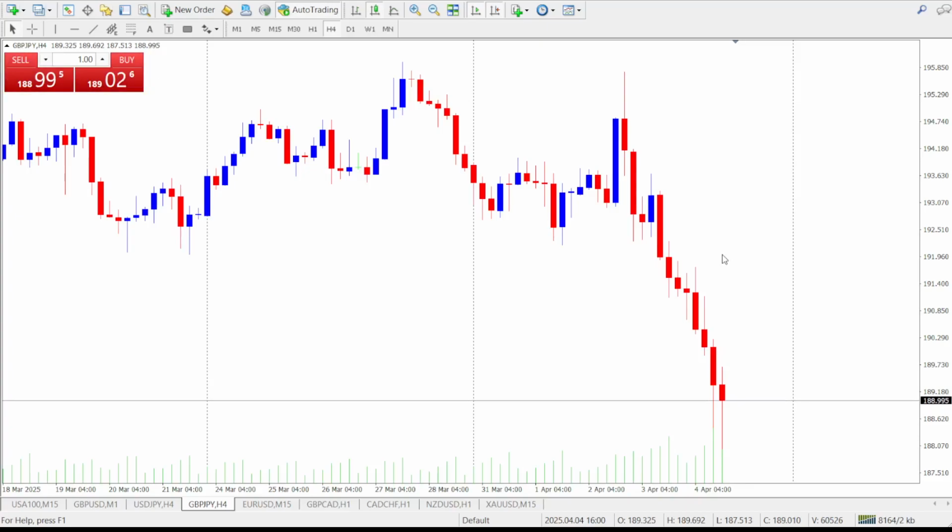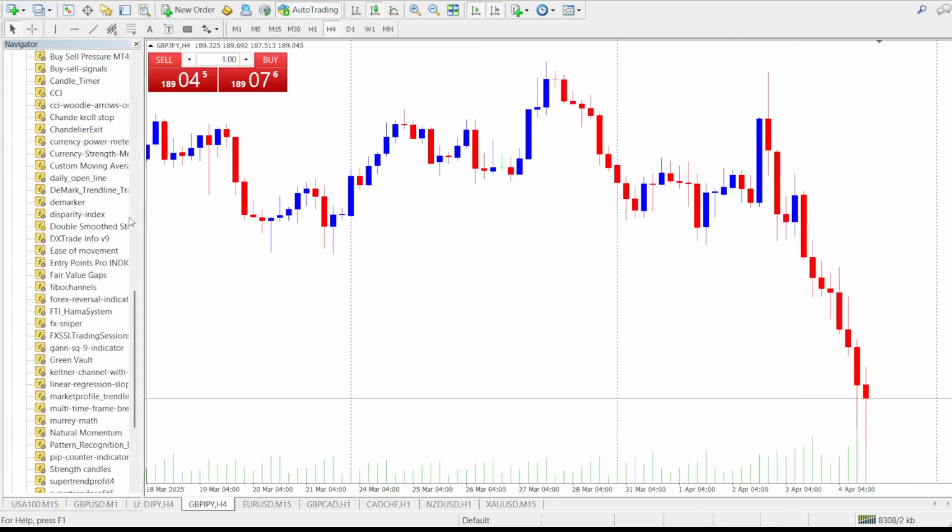Whether you are a beginner just starting out or an experienced trader looking to refine your strategy, this tool is something you need to have in your toolbox. We're going to be breaking down how it works, how you can use it to identify volatility and trends, and how to incorporate it into your overall trading plan.